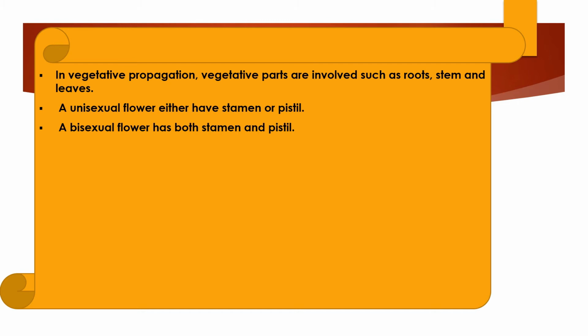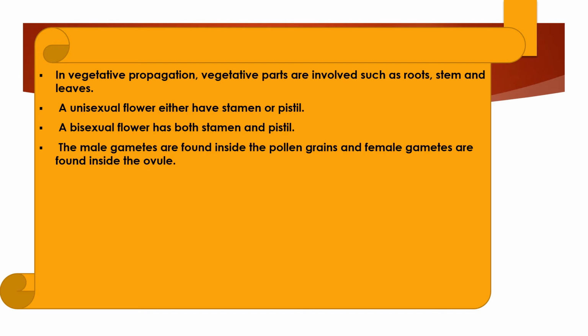Stamen is a male reproductive organ of a flower, whereas pistil is a female reproductive organ. The stamen has two parts, anther and filament, whereas pistil has three parts, stigma, style and ovary. The male gametes are found inside the pollen grains and female gametes are found inside the ovule.